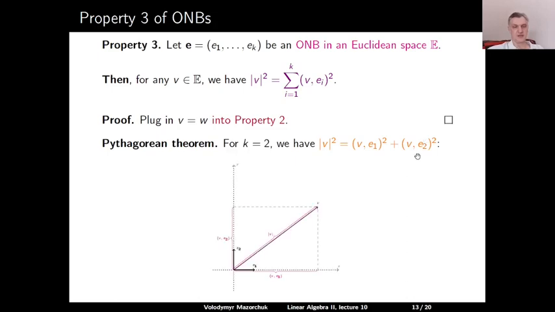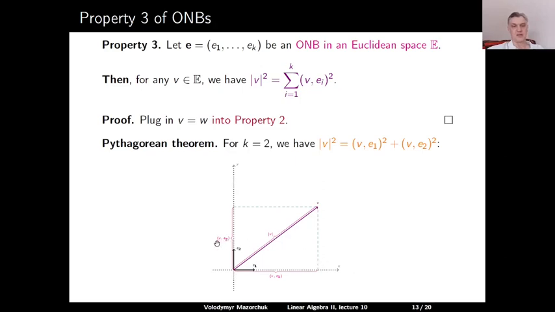And here is a picture. So we are in the two-dimensional Euclidean space. We have the orthonormal basis e_1 and e_2, and we have some vector v. The scalar product between v and e_1 by the first property is exactly the coefficient when we write v as a linear combination of e_1 and e_2. So this is exactly the length of the projection of v onto the x-axis.